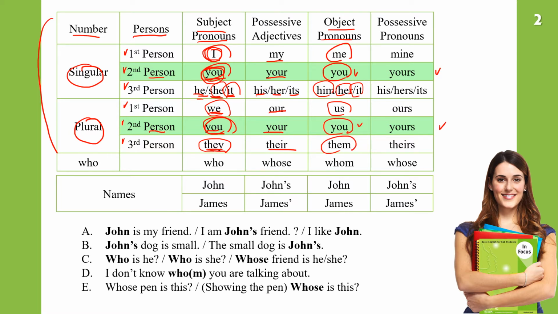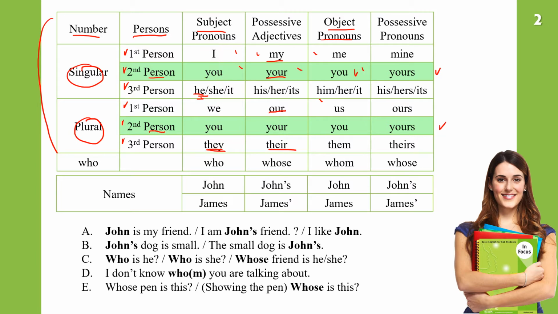So subject, possessive adjectives and object pronouns are I, my, me; you, your, you; he, his, him; she, her, her; it, its, it. And plural: we, our, us; you, your, you; they, their, them.